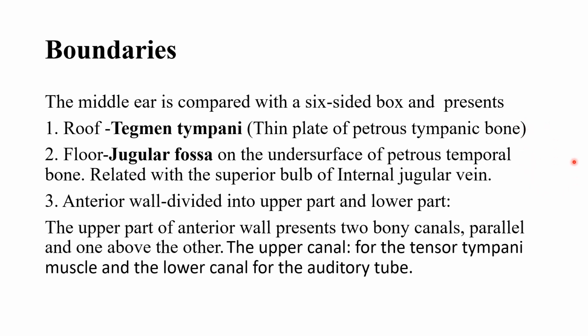These two bony canals are parallel to each other, and the upper canal is for the muscle tensor tympani, and the lower canal is for the auditory tube. We saw in the previous picture the white colored structure in the anterior wall.